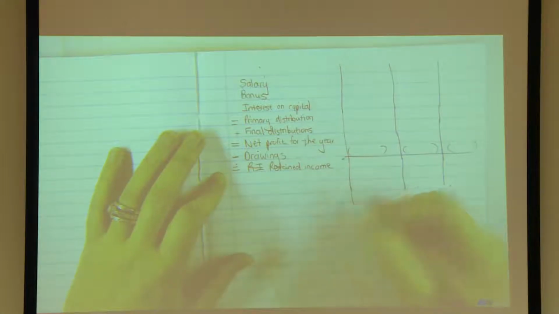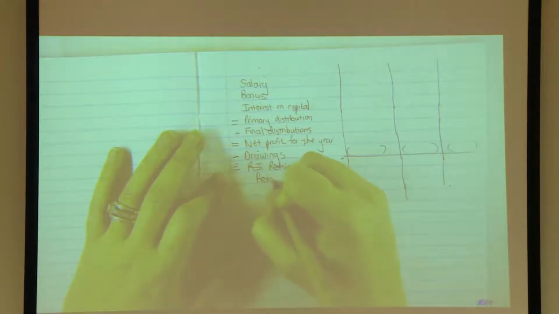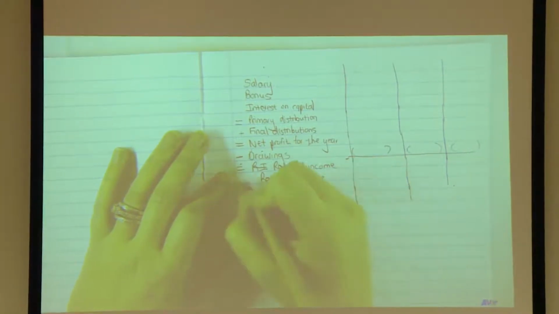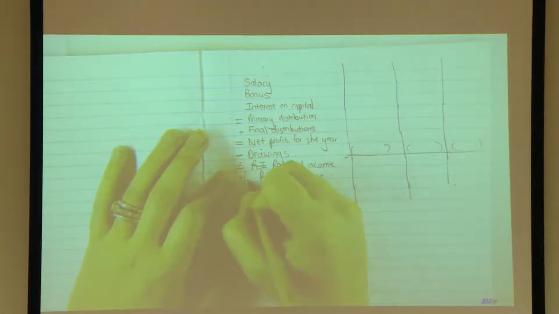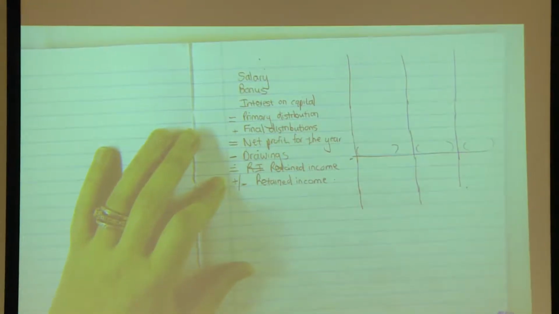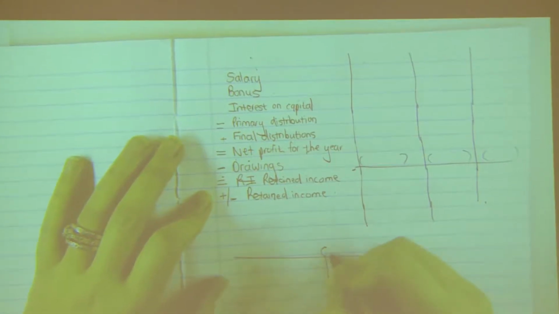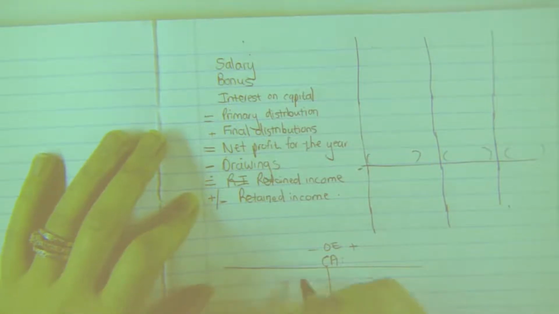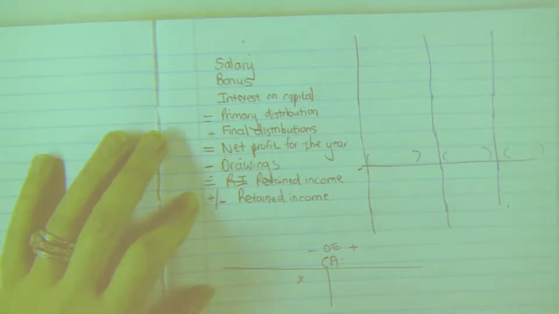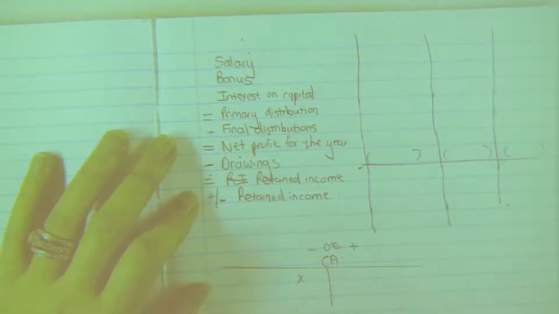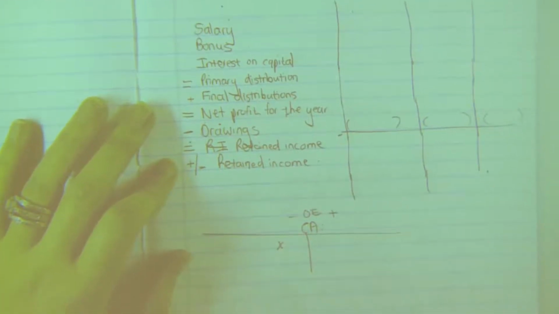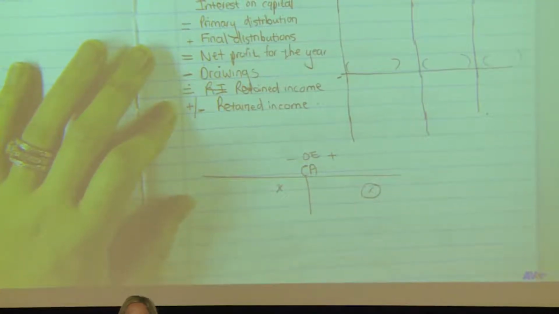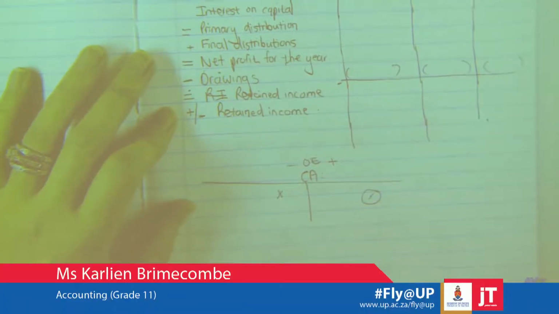Now, the next step is the retained income. This can be plus or minus. It depends. If my current account, it's an owner's equity account, has a debit balance, it is always minus because it's negative. If it has a credit balance, it is always positive. Then we have to always add it.